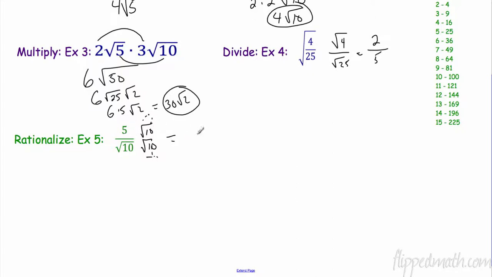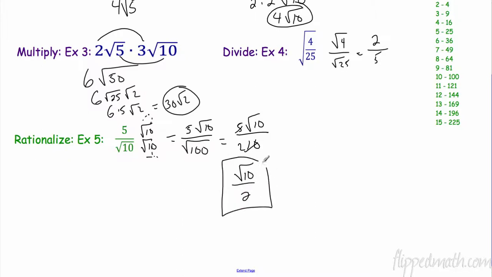So 5 times radical 10 is 5 radical 10. On the bottom I have radical 10 times radical 10, which is radical 100. So now I have 5 radical 10 over the square root of 100, which is 10. I always want to look, can I simplify? Yeah, 5 goes into 10 twice, so that's going to be radical 10 over 2. All right?